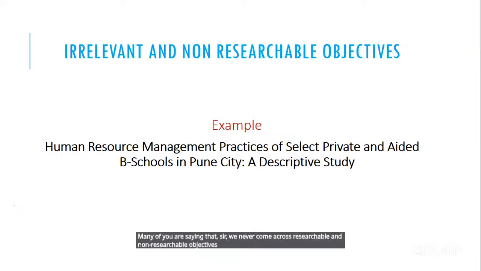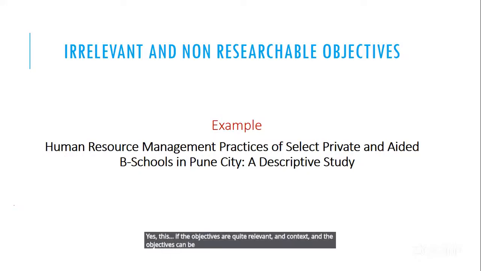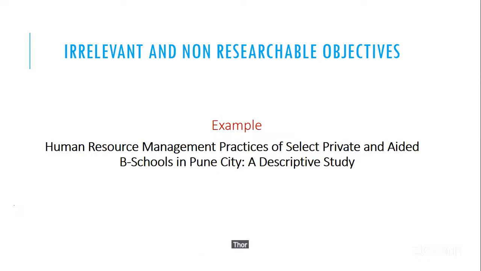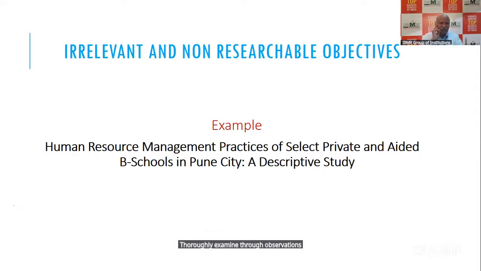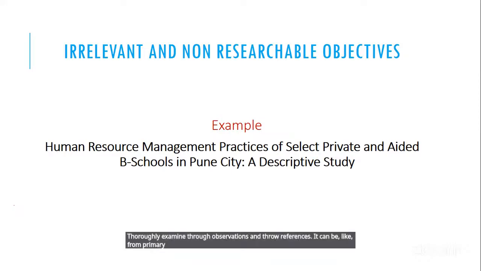Yes, if the objectives are quite relevant and contextual, and the validity and reliability can be thoroughly examined through observations, through references. It can be from primary data, or it can be from literature, e-resources, secondary data, and all.